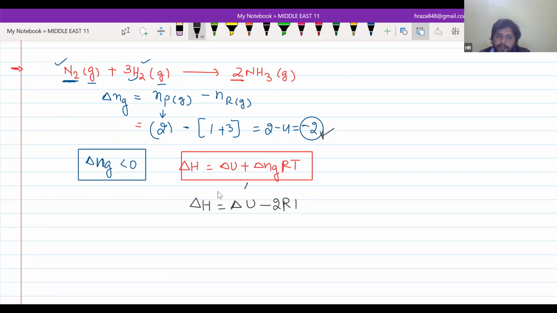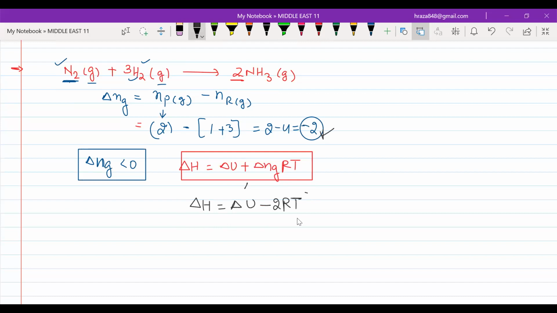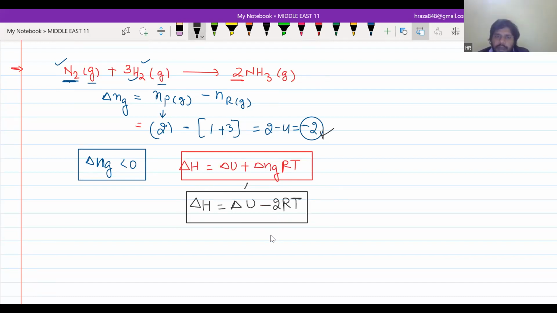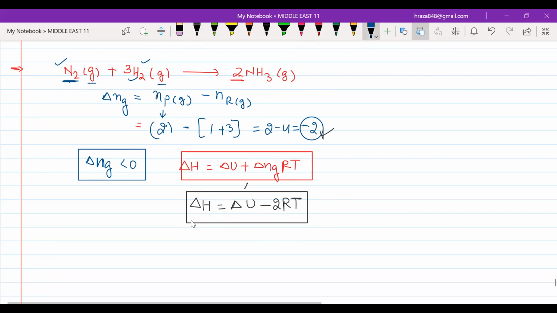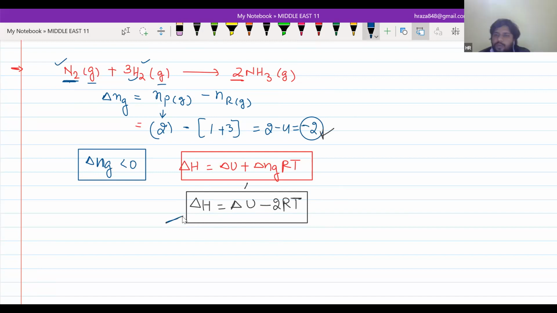In place of delta Ng, can I write minus 2? Then can you tell me from this equation which one is greater, delta H or delta U? Or will it be equal, or which one is greater?